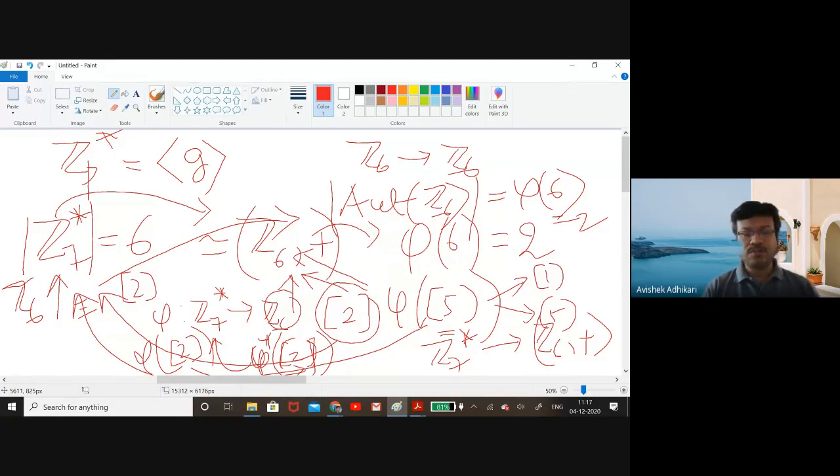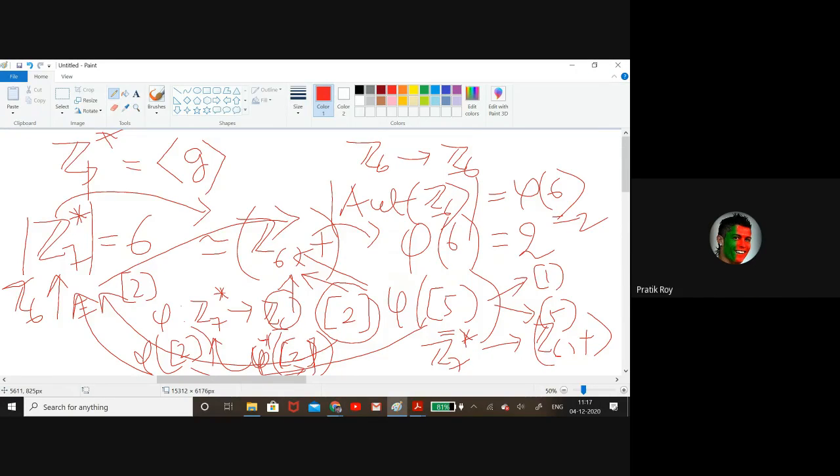That's why you may not be able to directly say that class 2 is not a generator of Z7 star, but it may happen. Now is it clear to all of you? So we can check the order of the elements. Order will be preserved. Here 2 has order 3 in Z6, so it will also have order 3 in Z7 star. Exactly, so we can directly say that.